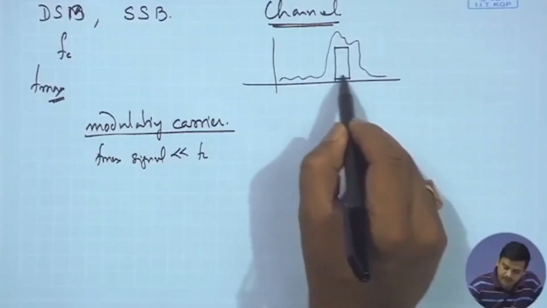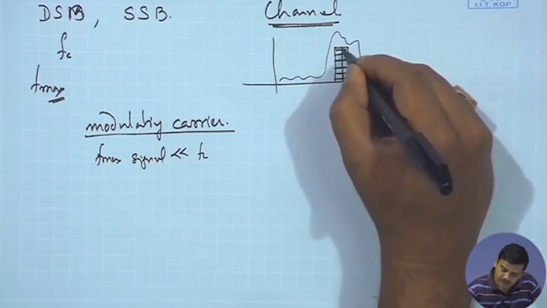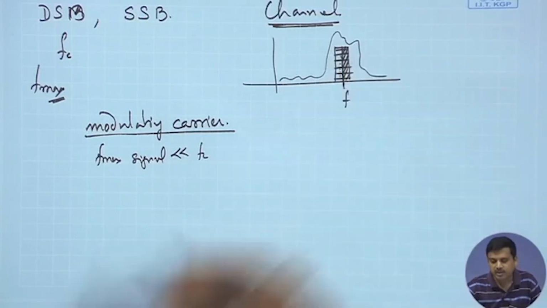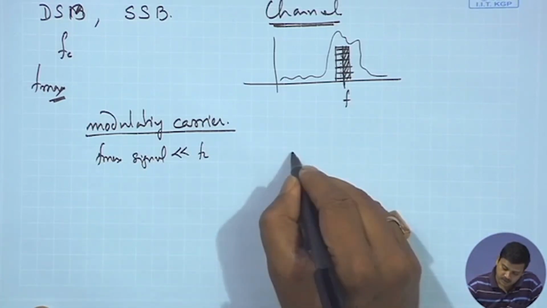If it is a double sideband, it is spanning on both the sides. If it is a single sideband, it is generally on one side, and a little bit of signal is available on the other side. And we have seen previously that if you have the positive set of frequencies, you can reconstruct the entire set of signals.